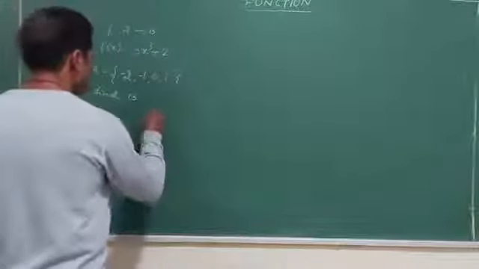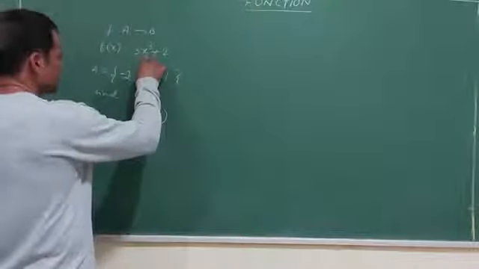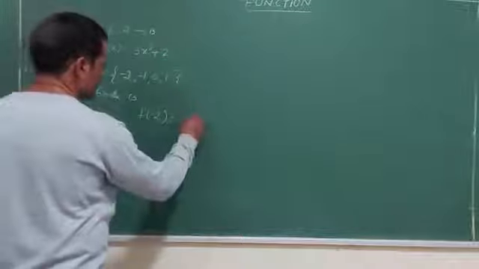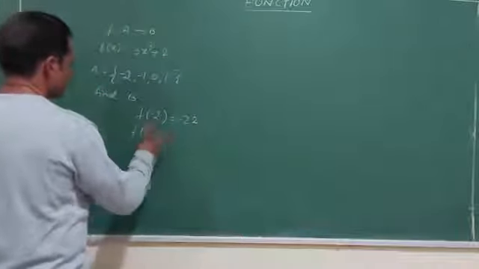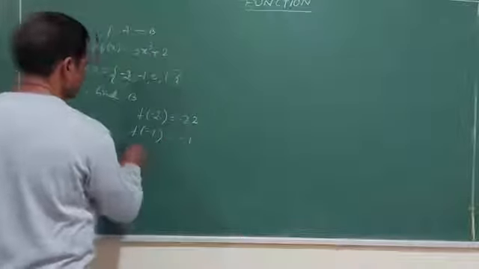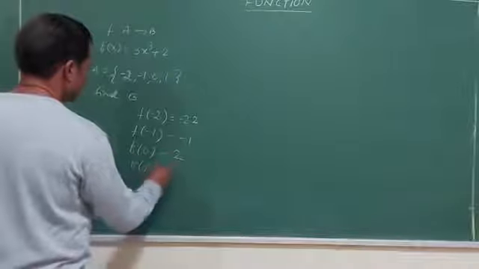Very simple. Just find f(-2). Replace x by -2: -8 times 3 is -24, plus 2 gives -22. f(-1) is -3 plus 2, that is -1. f(0) is 2. f(1) is 5.